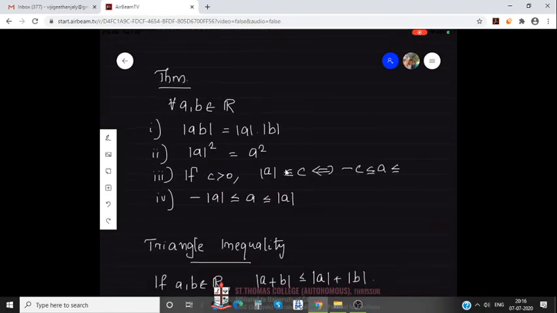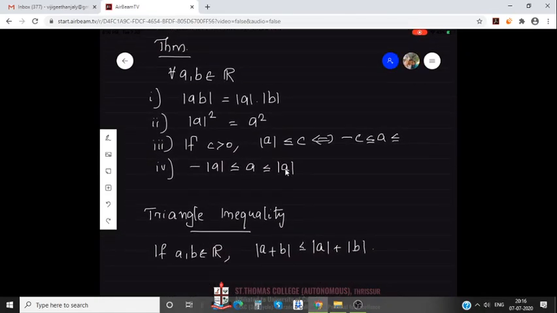In the last session we studied a theorem: for all a and b elements of R, the absolute value of ab is the same as the absolute value of a times the absolute value of b, and the absolute value of a squared is the same as a squared.